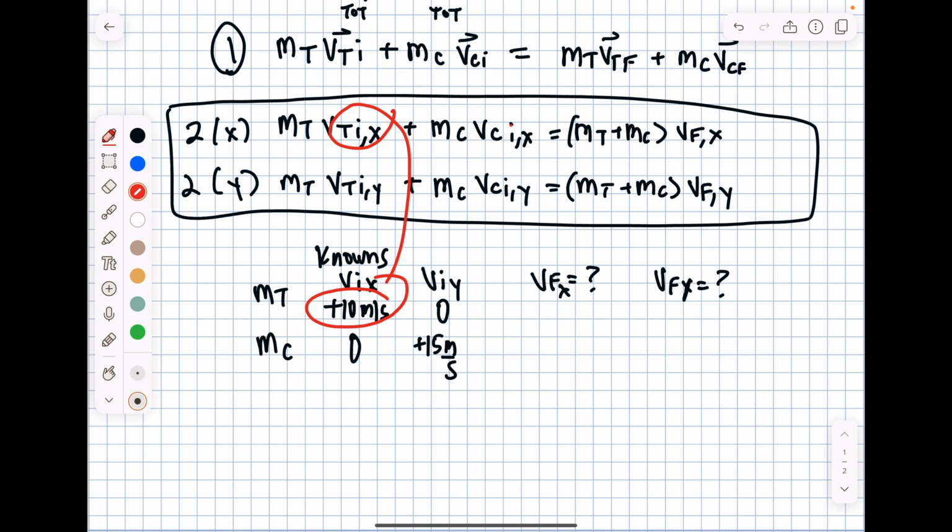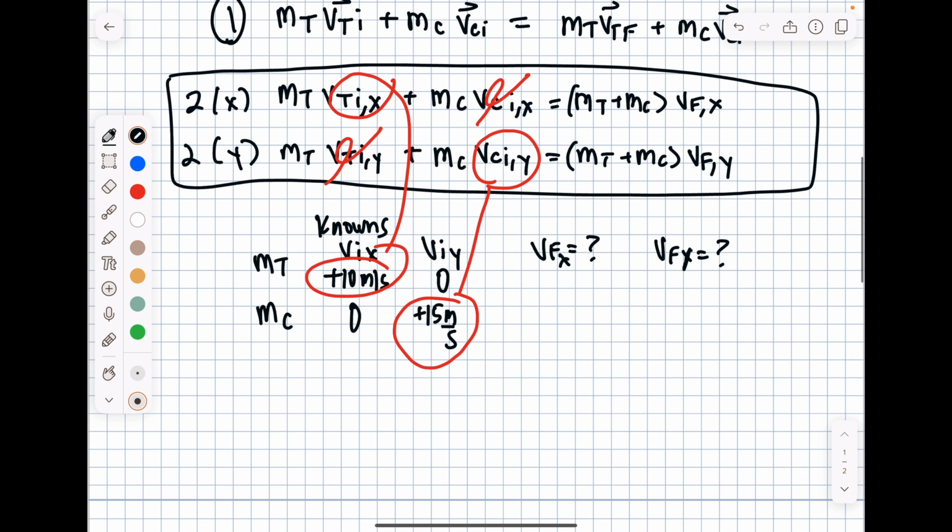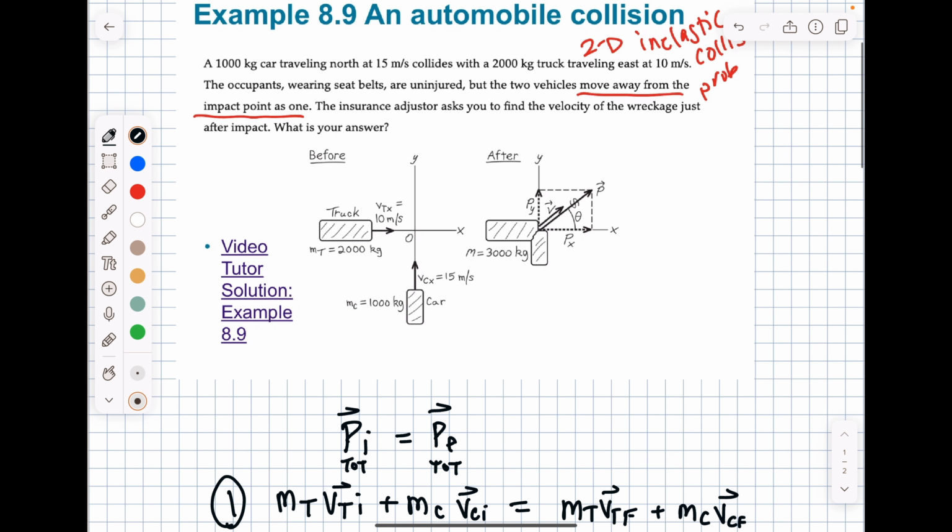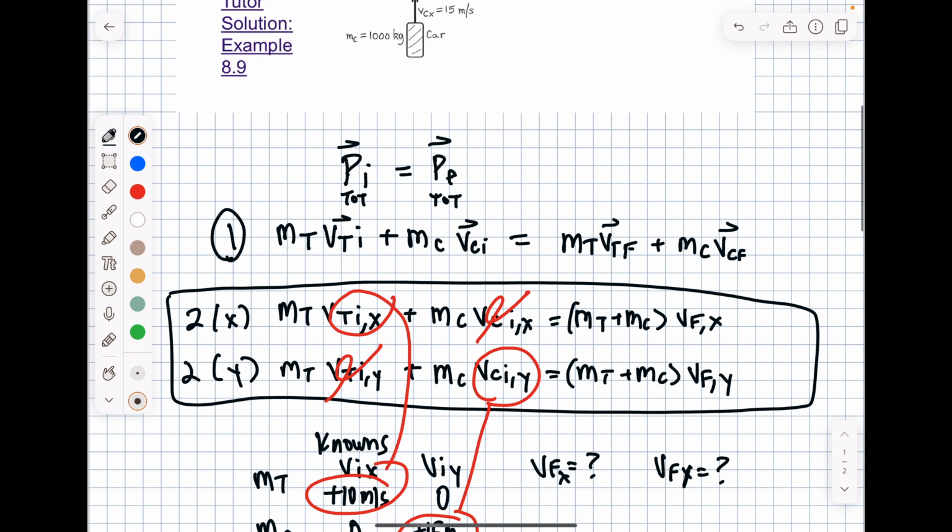This is 0. And just to keep track, we're going to work on the x equation. So the mass of the truck is 2,000 and the mass of the car is 1,000.